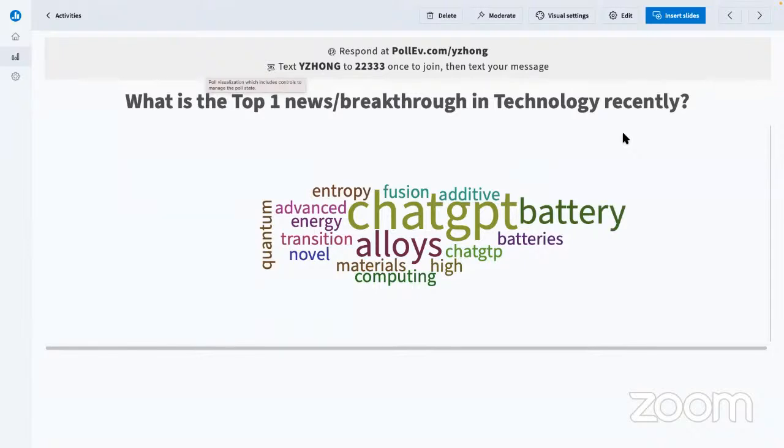Personally, I also vote for ChatGPT. A lot of students have already tried this. It's in the news, and even some schools complain about ChatGPT, because a lot of students use this platform to do their homework.